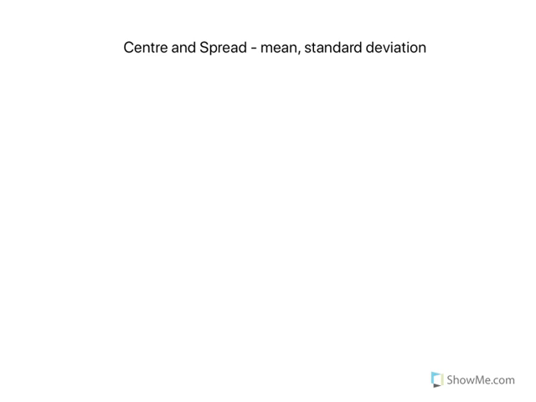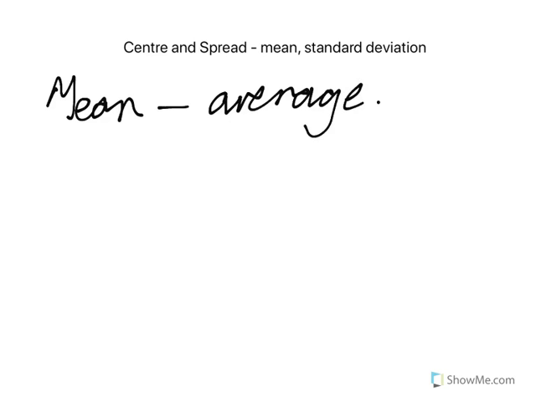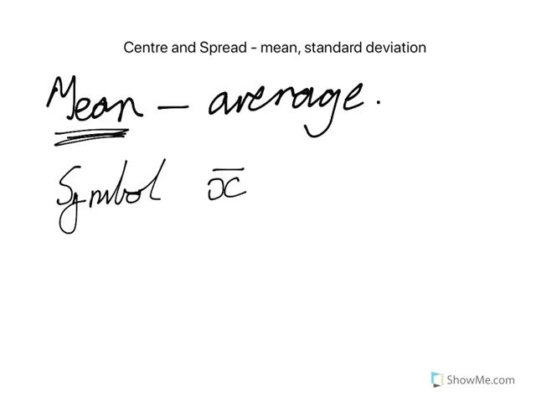So first of all, the mean. Sometimes you hear it called the average, and now in mathematics and statistics, mean is the word that's used for it. The symbol for mean is x with a bar across the top. Further down the track, this is a sample mean, not the population mean. So x bar is how it's pronounced.